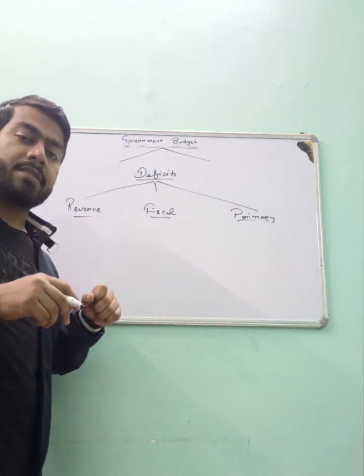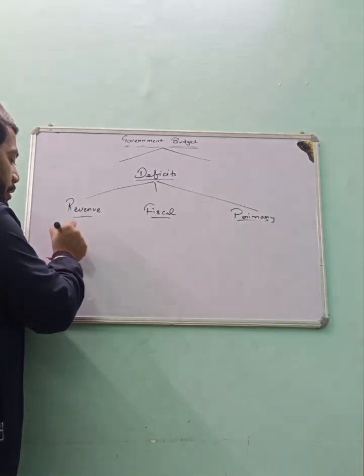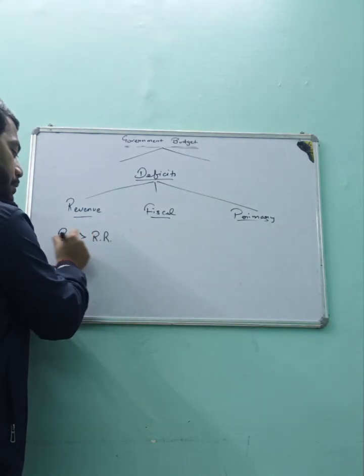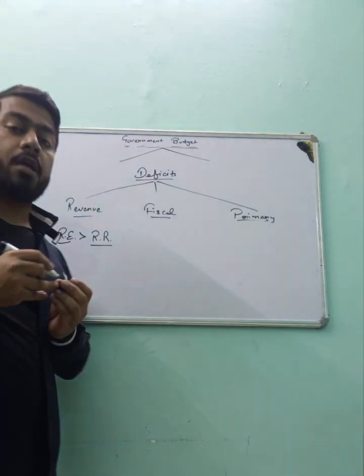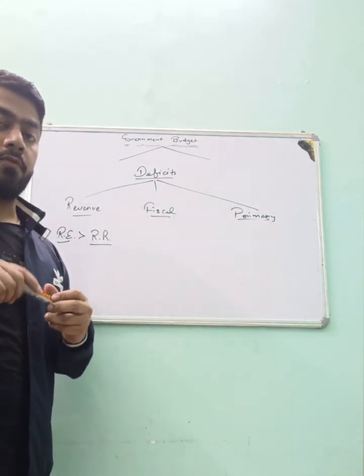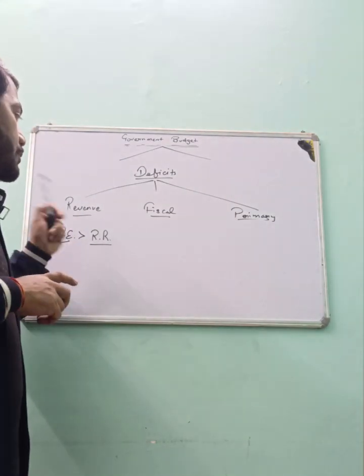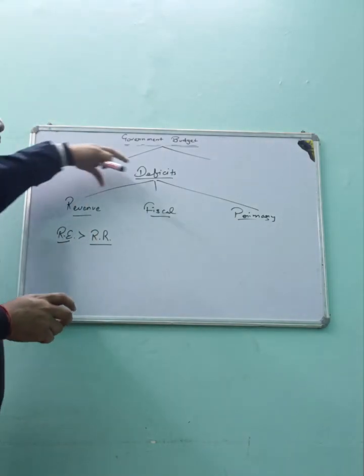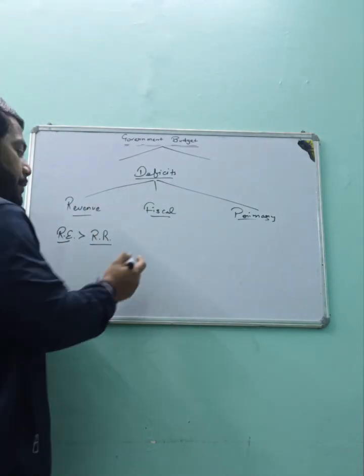Revenue deficit arises when revenue expenditure is greater than revenue receipts. When our revenue expenditure is more than revenue receipts, what kind of situation appears? Revenue deficit.